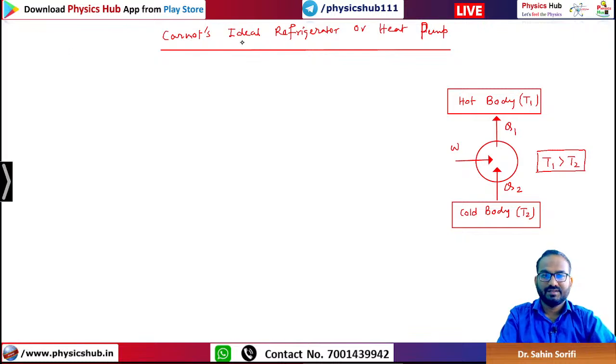So what is happening in this ideal refrigerator?